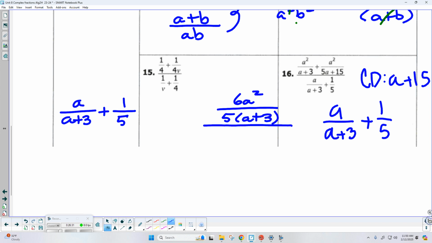You're close. If you're multiplying through, because you had 3 times 5, you would also have to multiply what? So it wouldn't be a plus 15, it would be 5a plus 15.